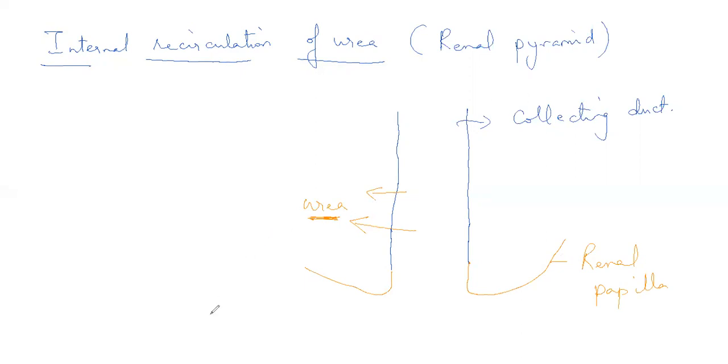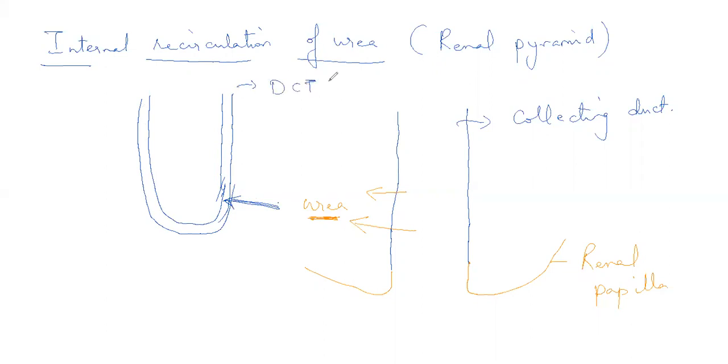This urea enters into the loop of Henle, goes into the DCT, and from the DCT it is again sent back into the collecting duct via the collecting tubule. Right?